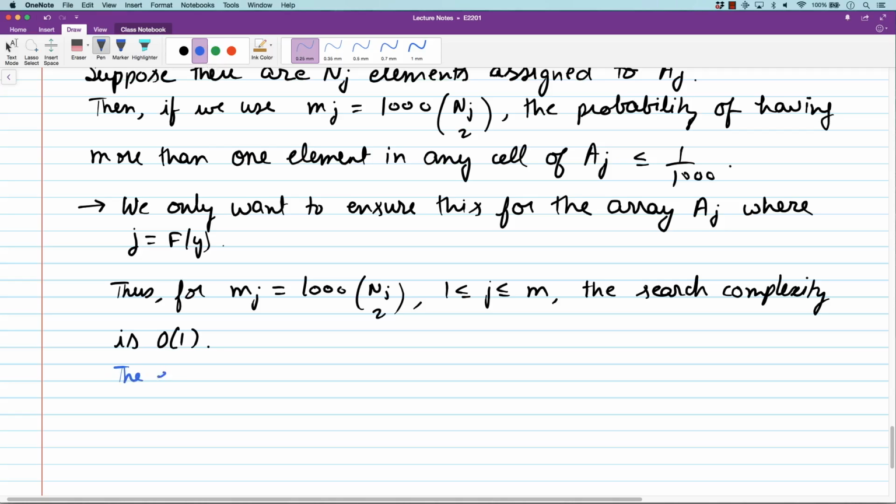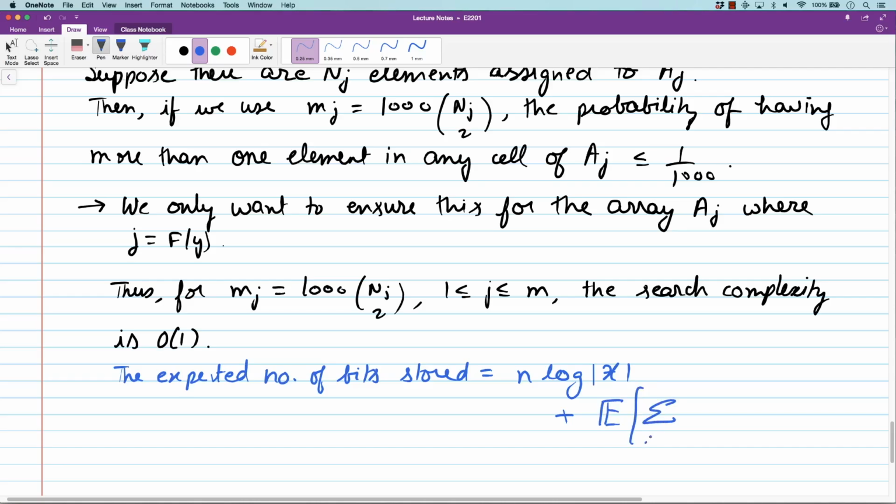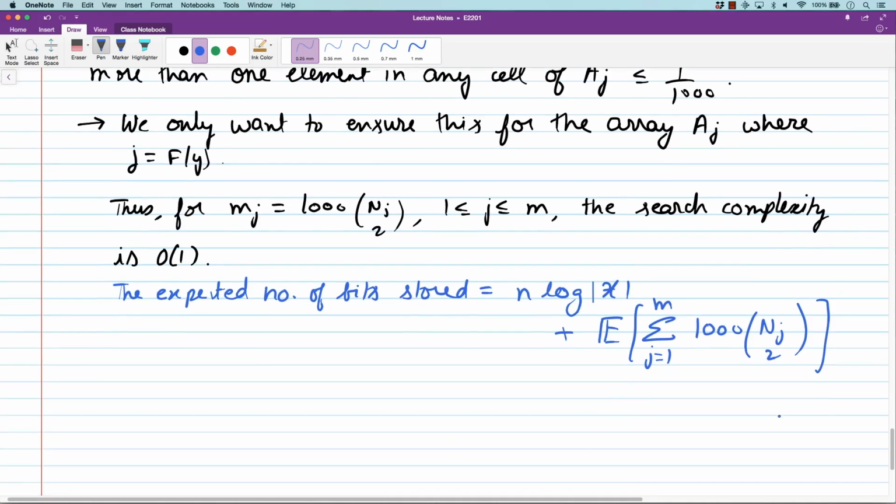The expected number of bits stored is equal to, so we must store all the tokens, so that's this, plus now, and that's the second part, the expected value of the summation over j equal to 1 to m of 1000 nj choose 2, and the random variable here is nj, the number of elements in the bucket.